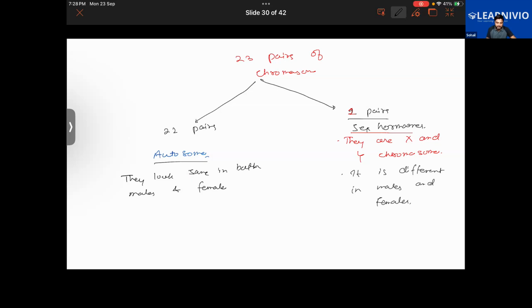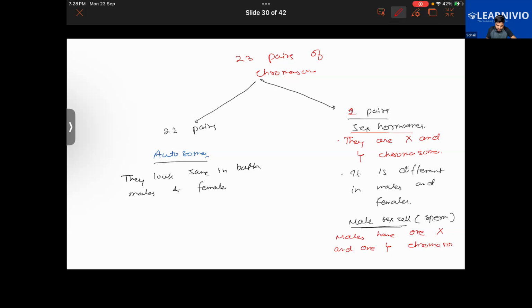Okay, now. Furthermore, when we look at the male sex cell, what is the male sex cell? That's the sperm. So males have one X and one Y chromosome.